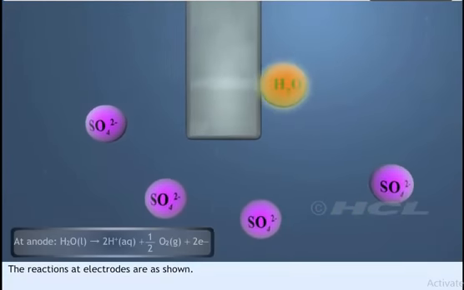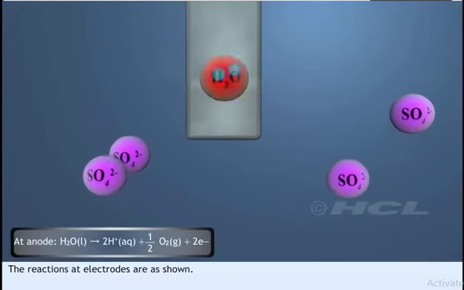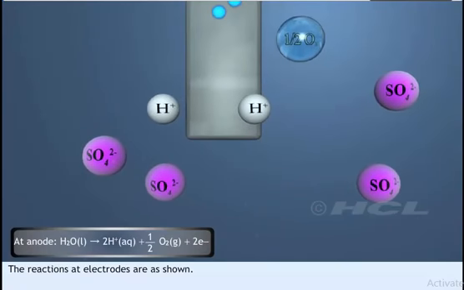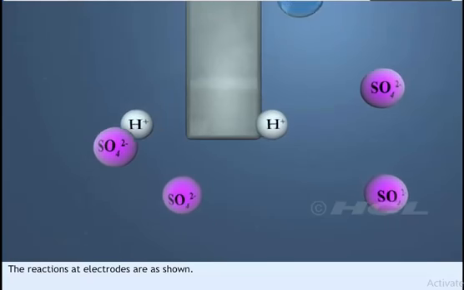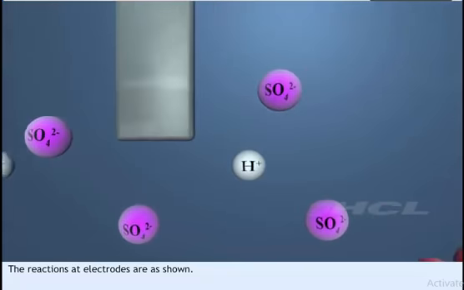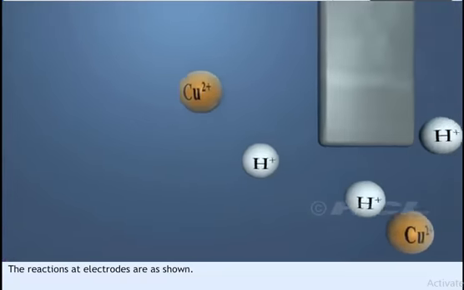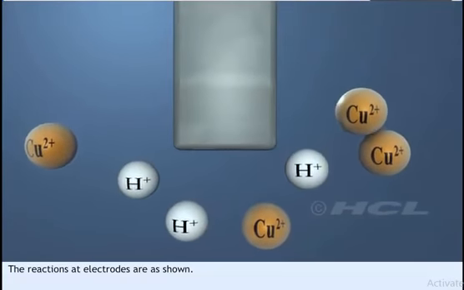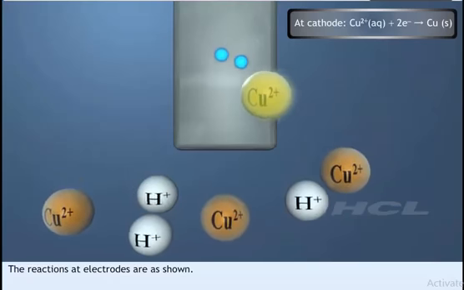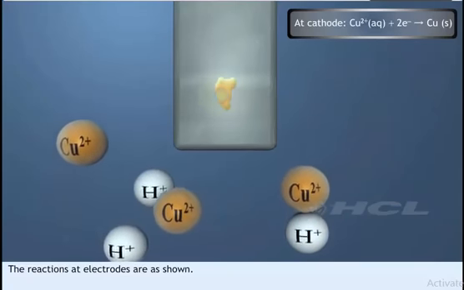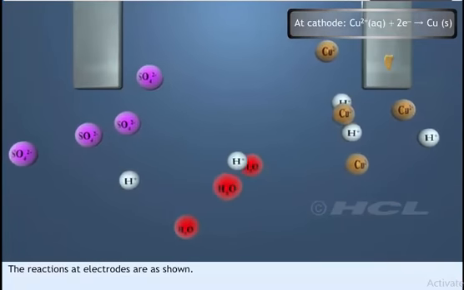The reactions at electrodes are: at anode, the reaction that occurs is H2O liquid gives 2H+ aqueous plus 1/2 O2 plus 2 electrons. At cathode, Cu2+ aqueous plus 2 electrons gives Cu solid.